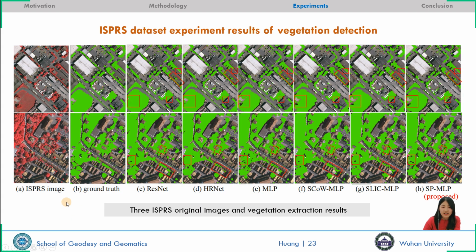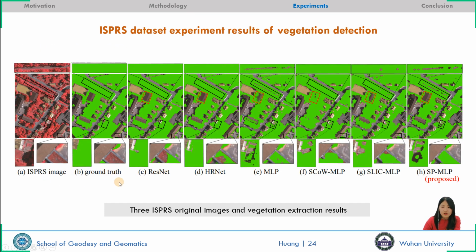For ISPRS datasets, we also added a comparative experiment with CNN-based methods such as ResNet and HRNet. In general, ResNet and HRNet can yield very promising results based on large training datasets. The two CNN-based methods show misclassification when the ground truth contains a few false labels.